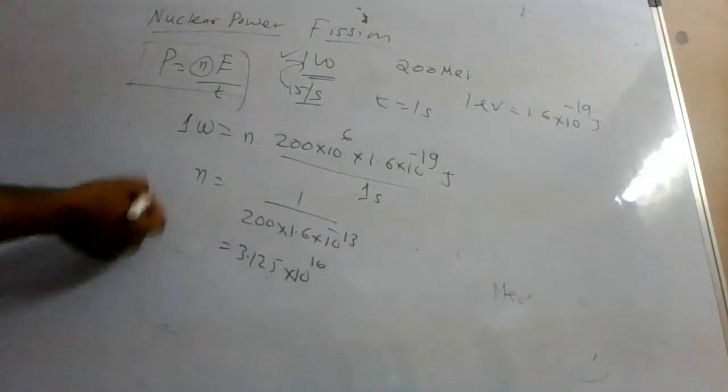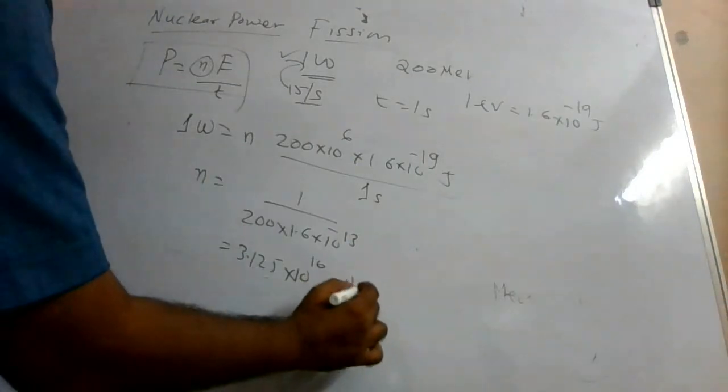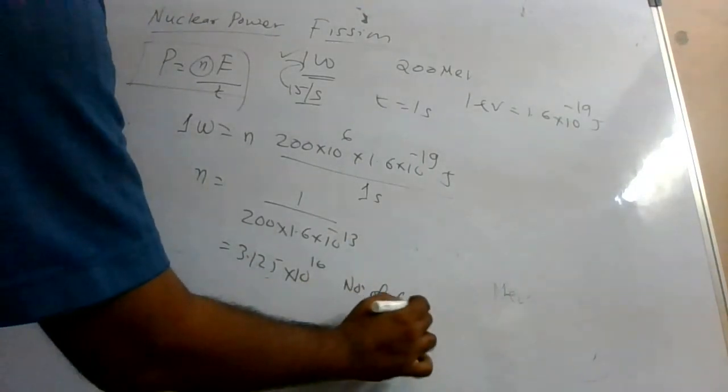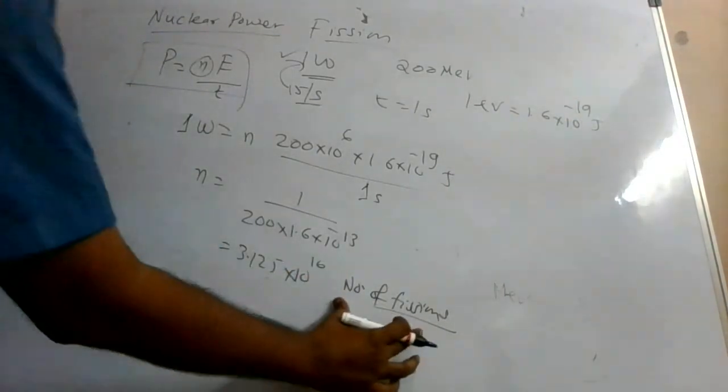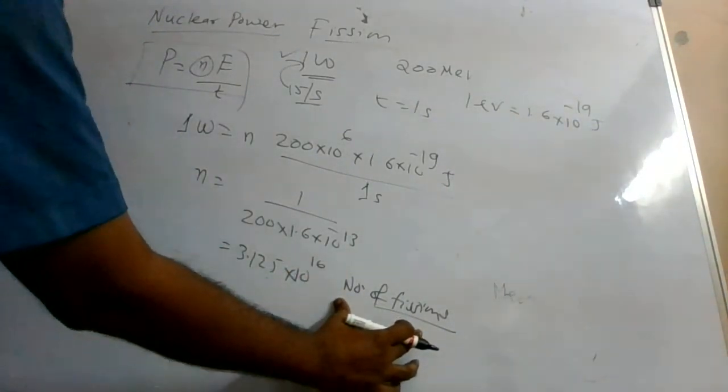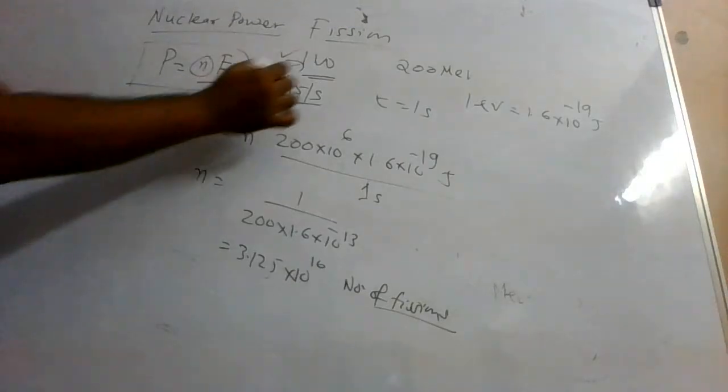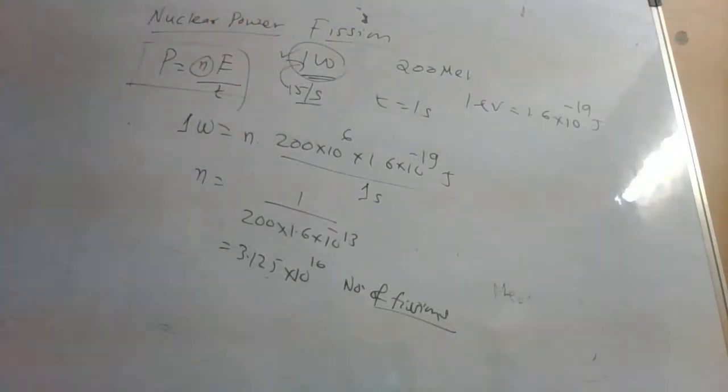This N is the number of fissions. If this number of fissions happen, then you are generating 1 watt of power. That is what we have understood with this example.